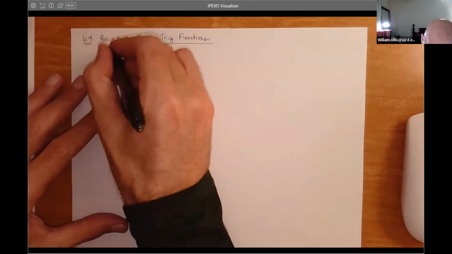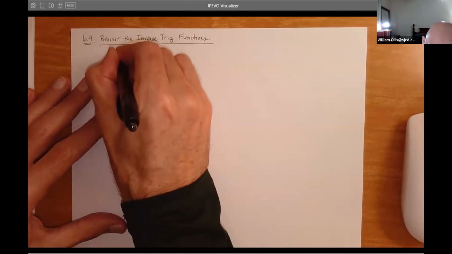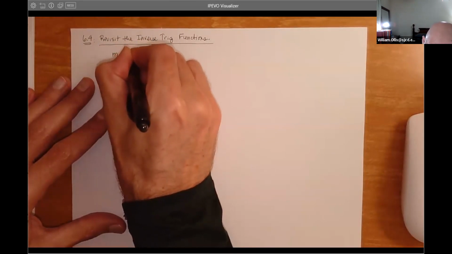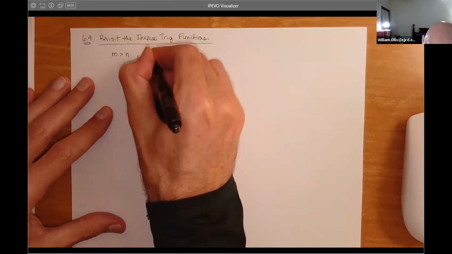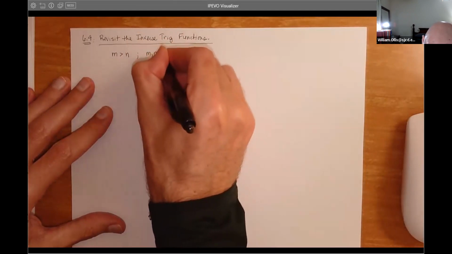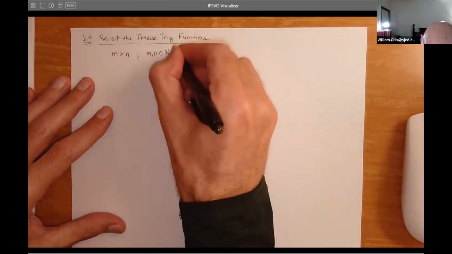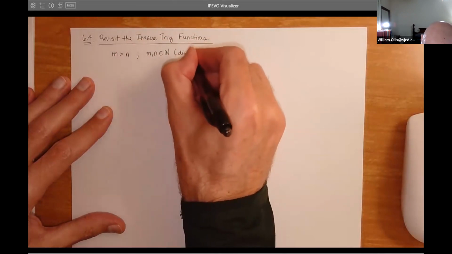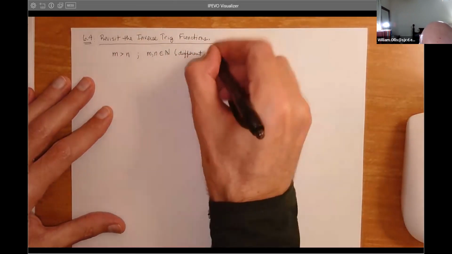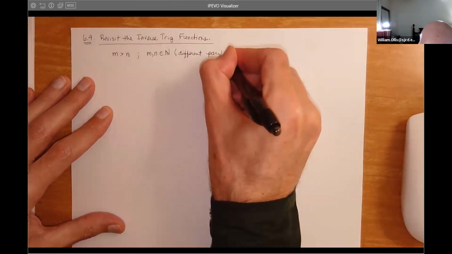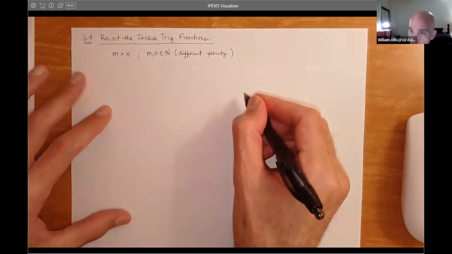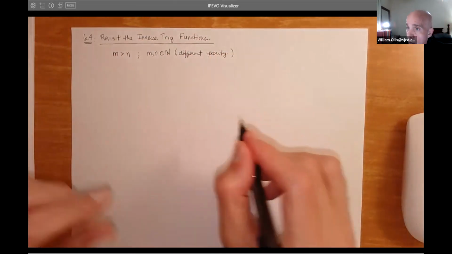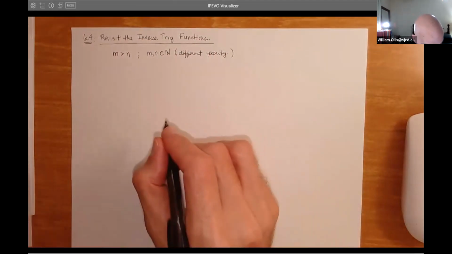So, for instance, we could say m greater than n, where m and n are natural numbers with different parity. That is, one's odd and one's even, or vice versa. They're not both odd, they're not both even.